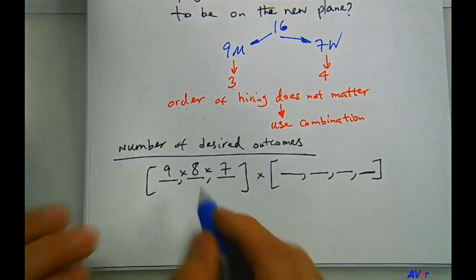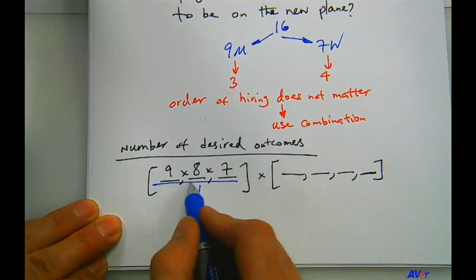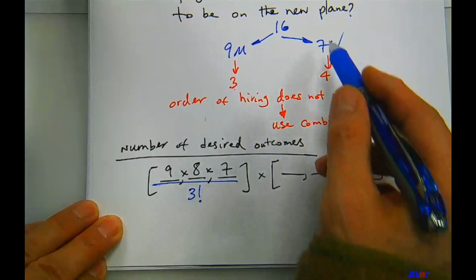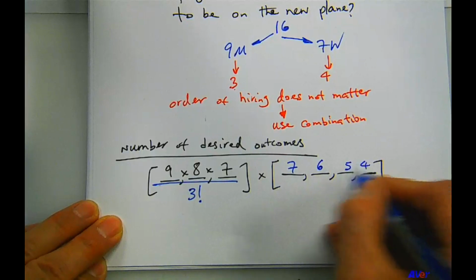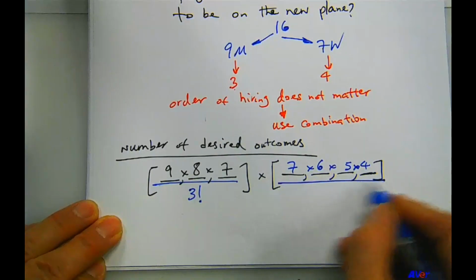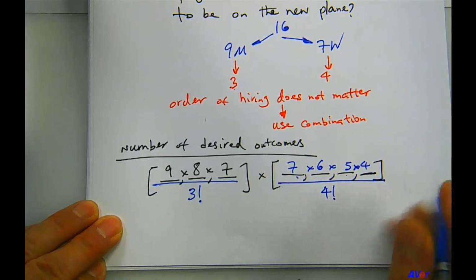Right, so multiply that, and of course this order doesn't matter, so divide by the number of spots you're filling, factorial. Here we have 7 choose 4, so 7, 6, 5, 4. Multiply these together, and then divide by the number of spots you're filling factorial, so 4 factorial.